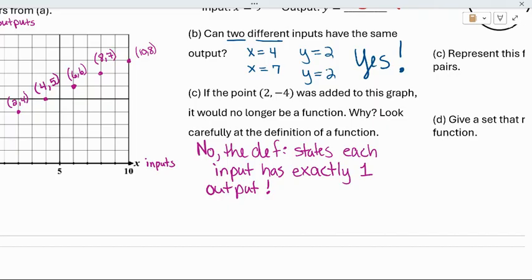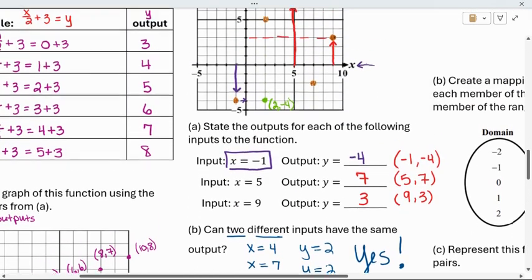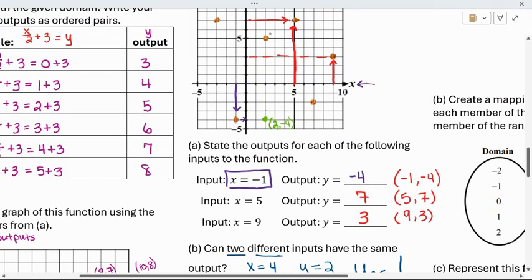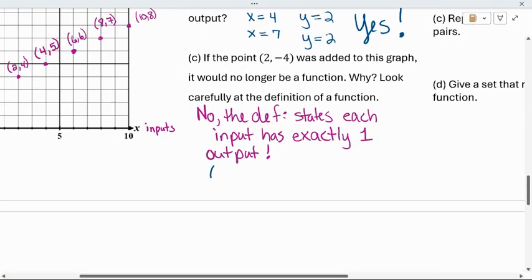But on our graph, when I go back up and look at when x is 2, I have two outputs. When x is 2, I have an output of 5, and when x is 2, I have an output of -4. So I'm going to write that down. When x is 2, I have an output of 5, but when x is 2, I also have an output of -4.